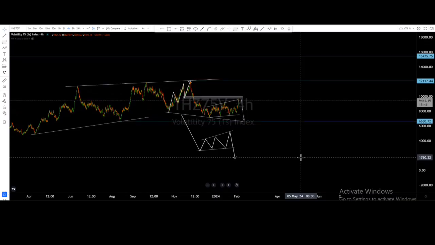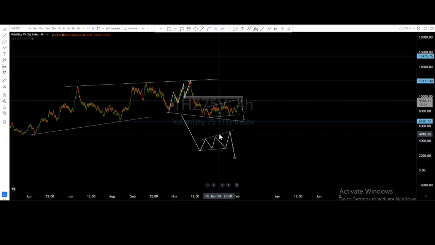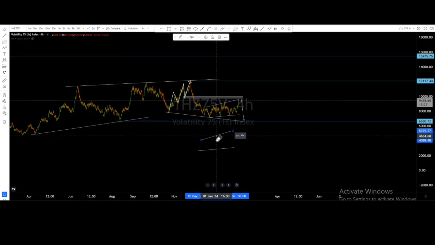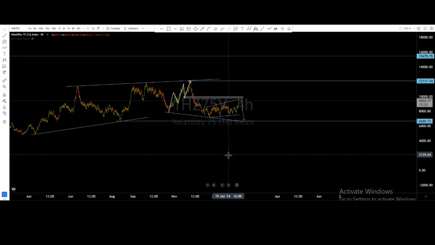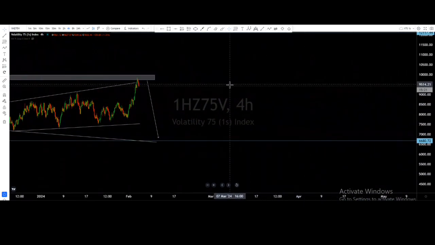That's why I said identifying these patterns and these moves when they're about to take place is very key and very important, because if you don't identify them, you might end up seeing another thing and then you lose your money. You need to know them first and then know how to identify them. So this is basically what I'm seeing, and from what I'm seeing, it's going to go down.